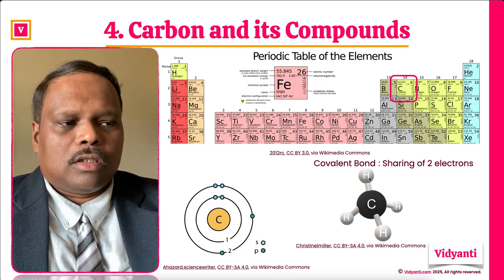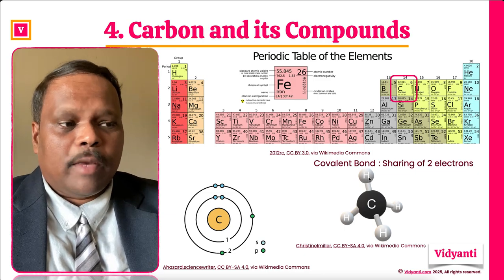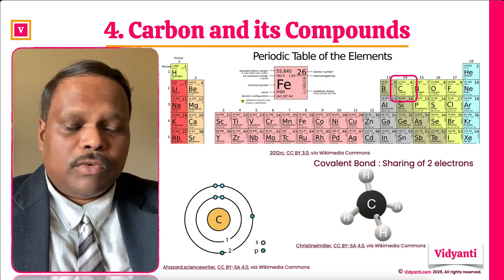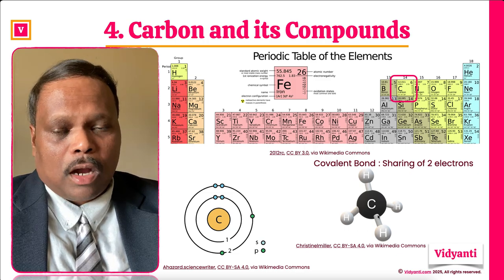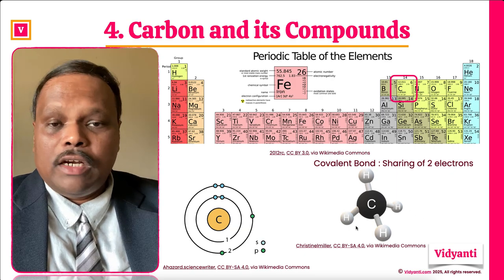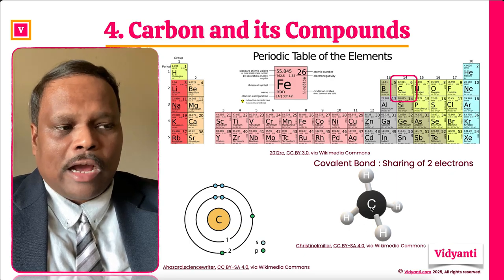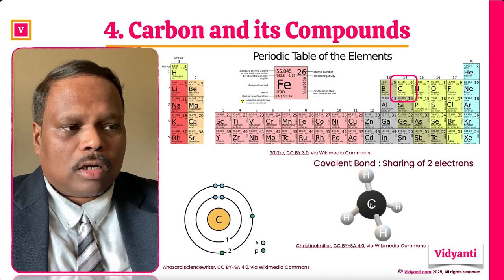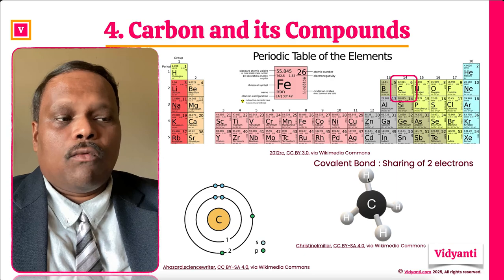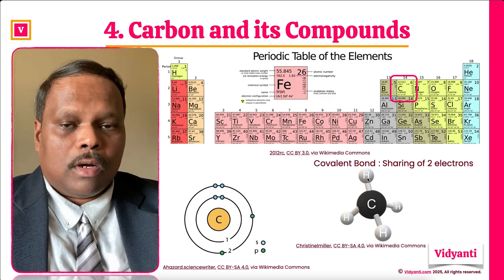The typical partner in this configuration will be hydrogen. Hydrogen has only 1 electron, so it will share with the outermost shell of the carbon, and in such cases we need 4 electrons. So carbon can form 4 covalent bonds, let's say 1 each with a hydrogen atom.